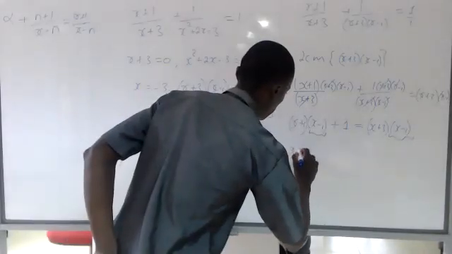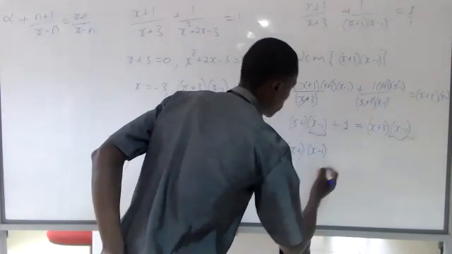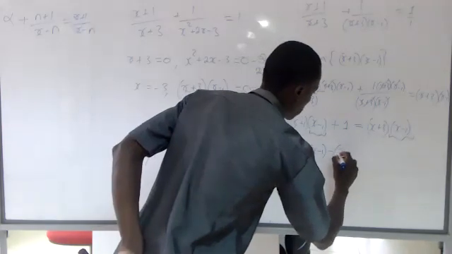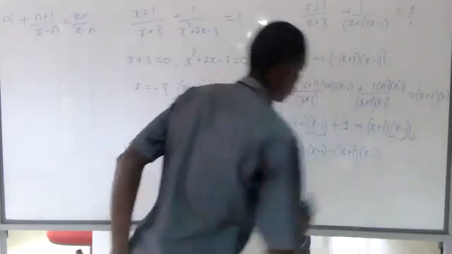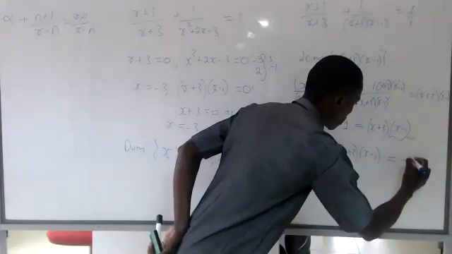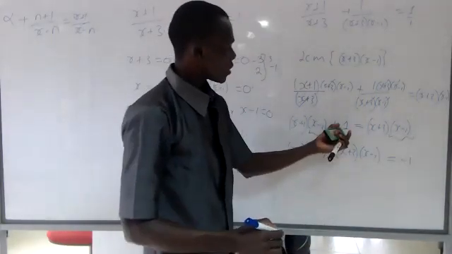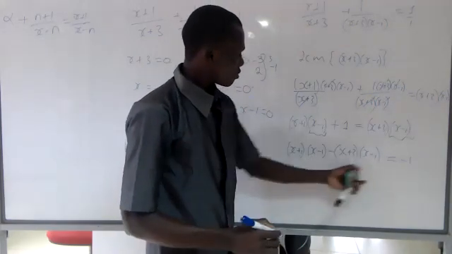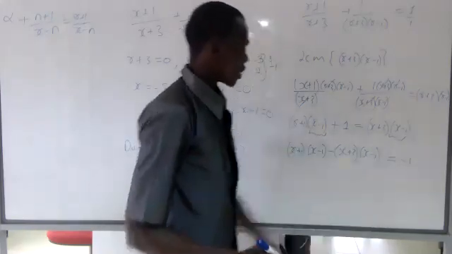We will have x plus 1 times x minus 1, we subtract x plus 3 times x minus 1. Of course, if I subtract it from the other side, we get a 0, which must be equal to -1. So if I subtract 1 from this side, I get a 0 on this other side, so I get a -1.